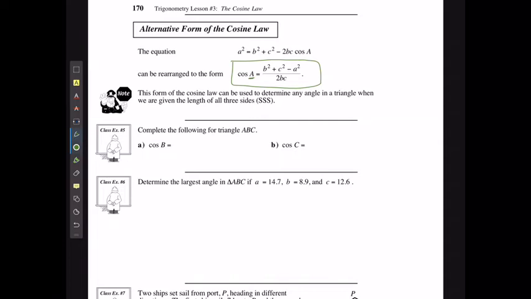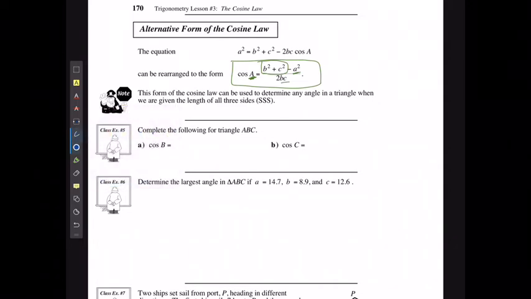If this is true, then it's going to be the two other side lengths that are not opposite the angle squared and added together, minus the side length that is opposite the angle squared, and then divided by 2 times the other two side lengths. Well, I can use this to create the other two formulas.